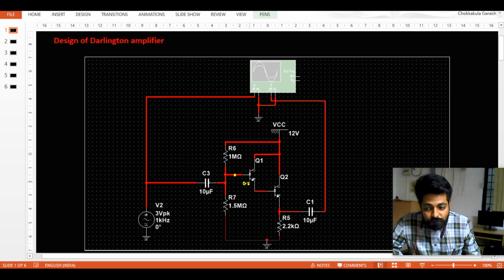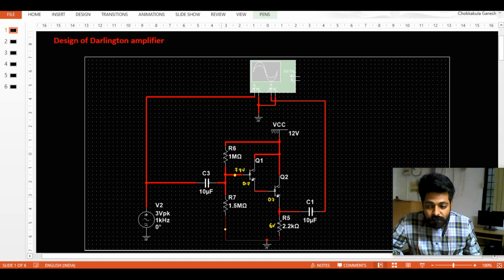I need around 0.7 over here, 0.7 over here, and I need some amount of voltage around 6 volts. So based on these three requirements, 0.7 plus 0.7 plus 6, it is around 7.4 volts requirement. Based on the voltage requirement, I have adjusted this one, and I observed that the resistance needs to be 1 mega ohm over here and 1.5 mega ohms over here.